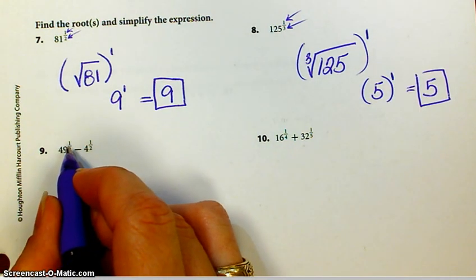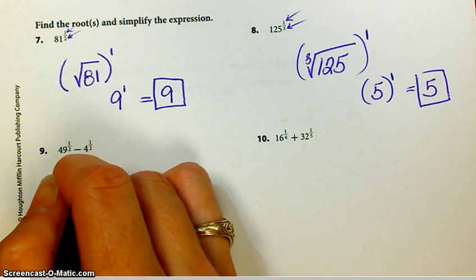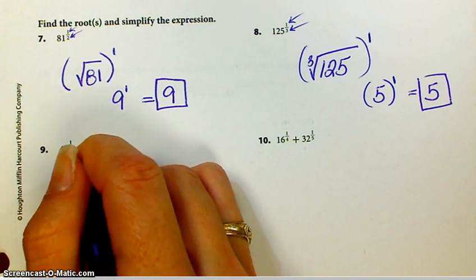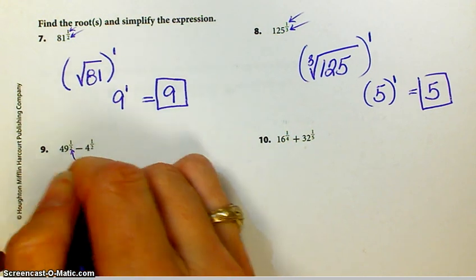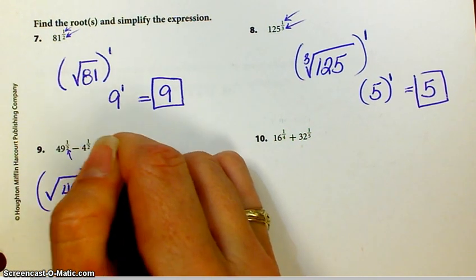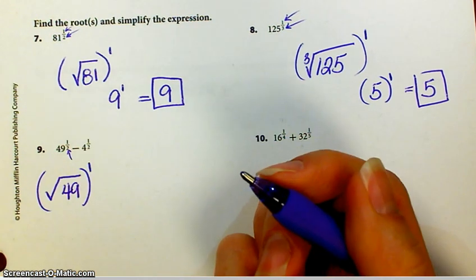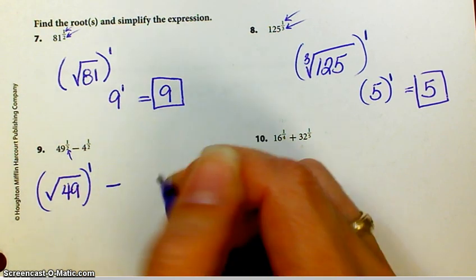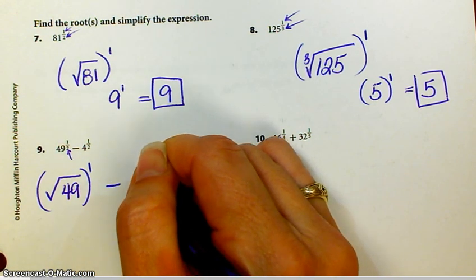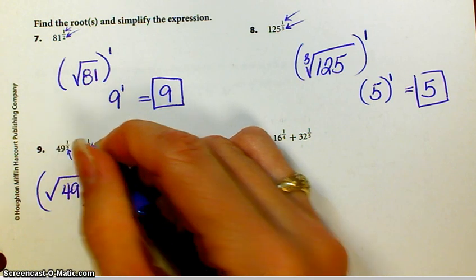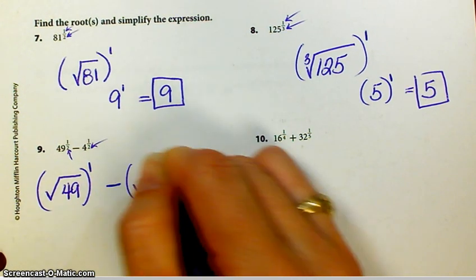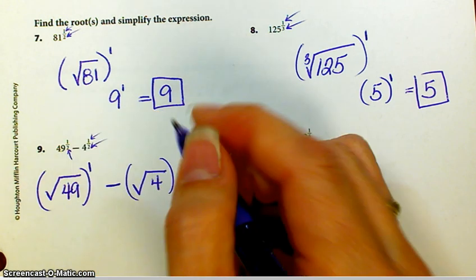49 to the 1/2 power. So that's going to be the square root of 49. So that's what the denominator tells you, raised to the first power. This over here is going to be the square root of 4 raised to the first power.